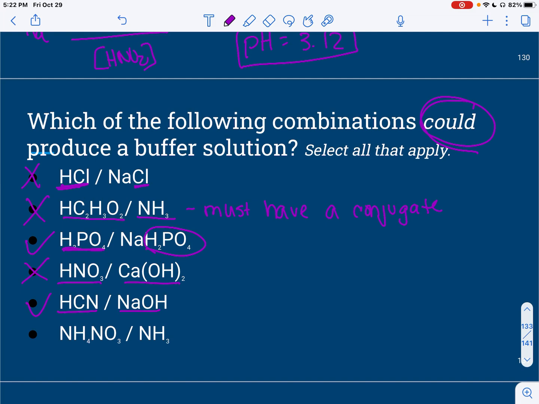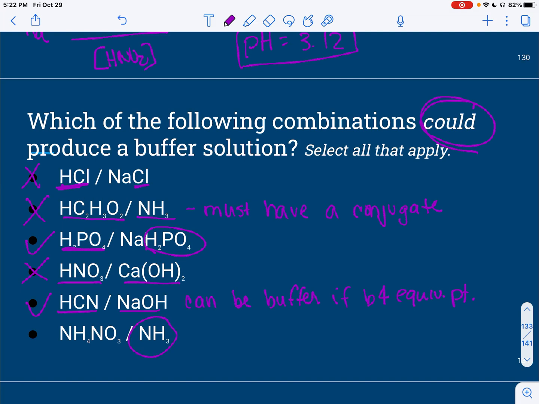Okay. Here we would say yes, it can be a buffer if before the equivalence point, if it's only partially titrated. We don't know the numbers here. It's a little easier than our last one. So we'll just say, yeah, we can have one.